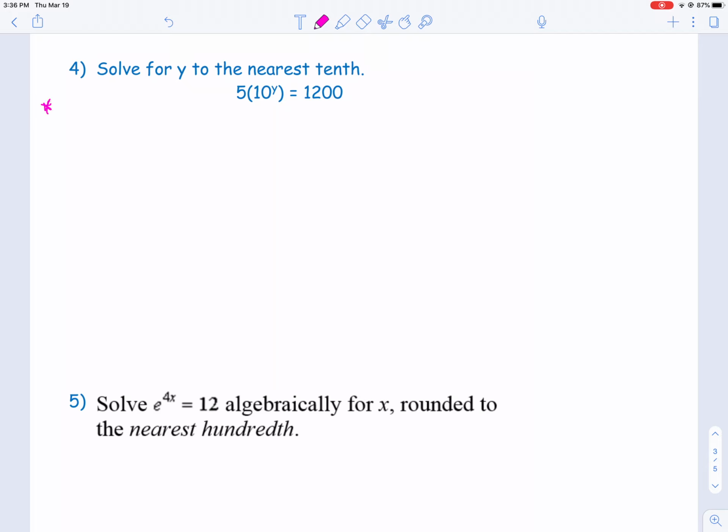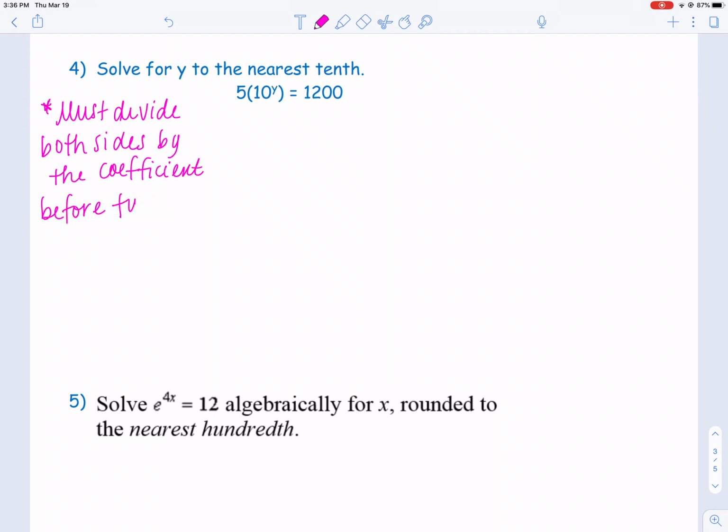So I'm going to put a little star and just make a note that you must divide both sides by the coefficient before turning into log form.